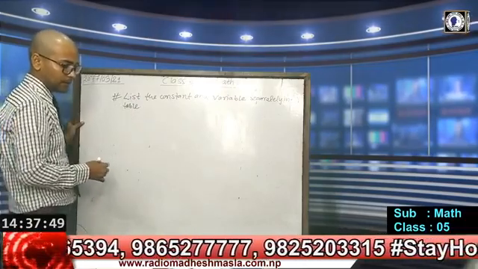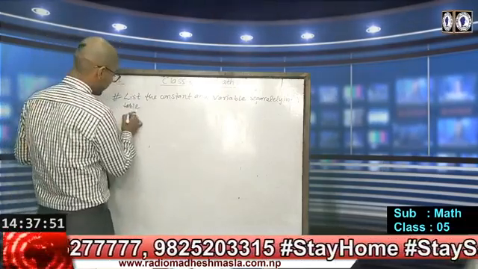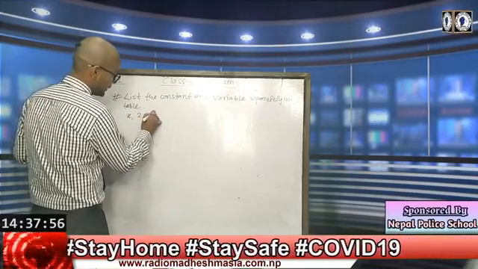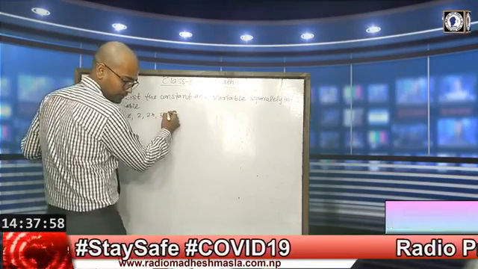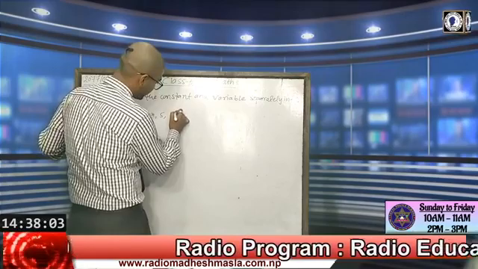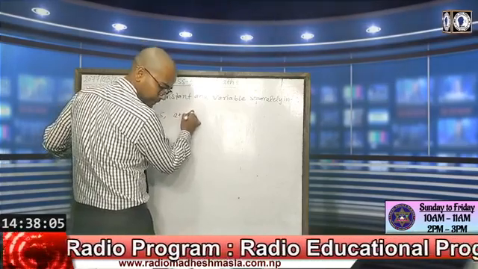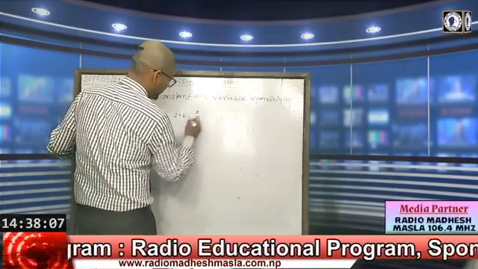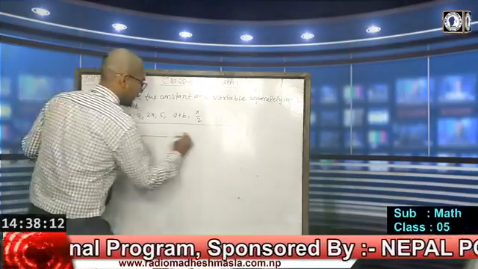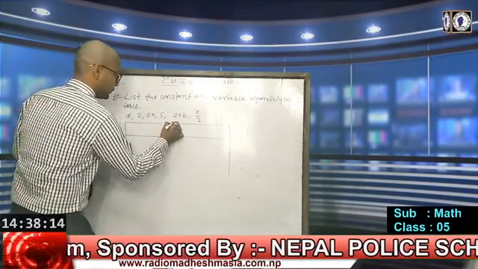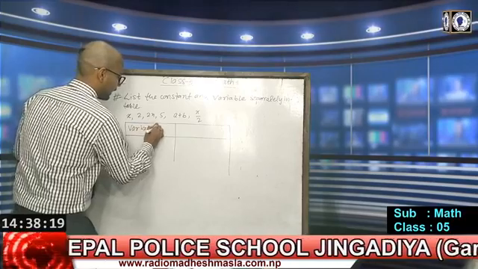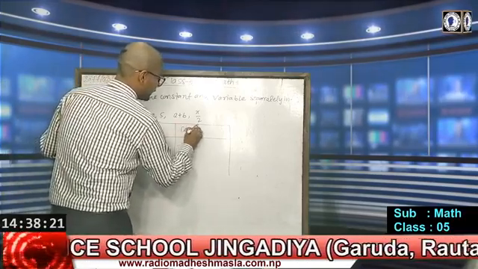Suppose we are given terms like x, 2, 2x, 5, a plus b, and x by 2, and the table is divided into two parts. One side should be written variable and the other side constant.